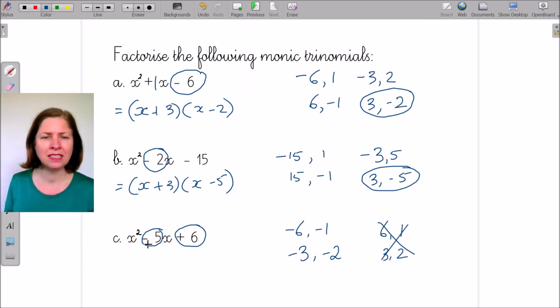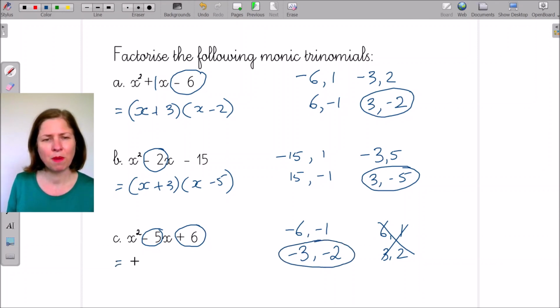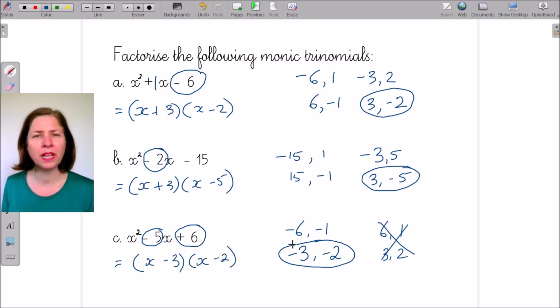So which pair adds up to negative 5? It's the negative 3 and the negative 2. So my brackets are x minus 3 and x minus 2. These are pretty quick to get the hang of, so go and practice some, and that is the end of our video.